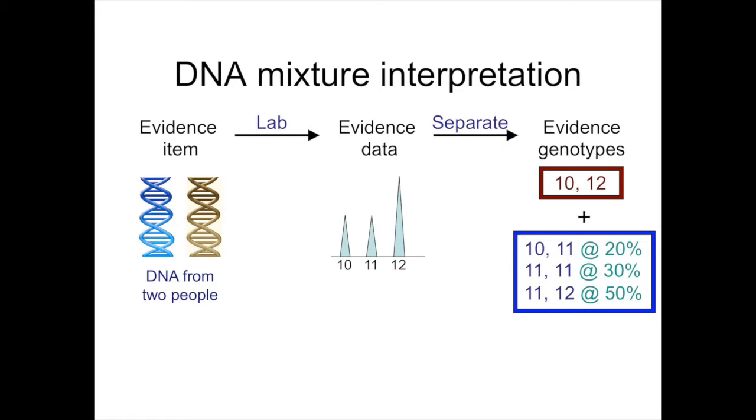And if you walk through the possibilities of what alleles are seen in the data, what alleles aren't seen in the data, in this example, it must contain an 11 allele, and it can't contain anything but a 10 or 11 or 12. So in a simplified example like this, there would be three possibilities, as shown in the bottom right in blue: the 10-11, the 11-11, and the 11-12 as the genotype possibilities of the second person.